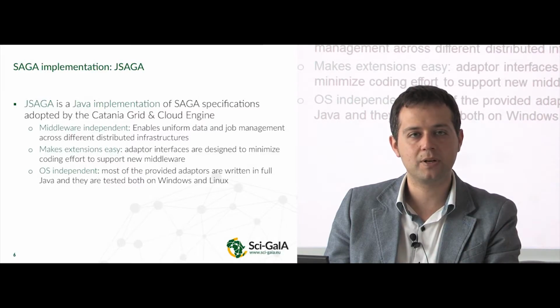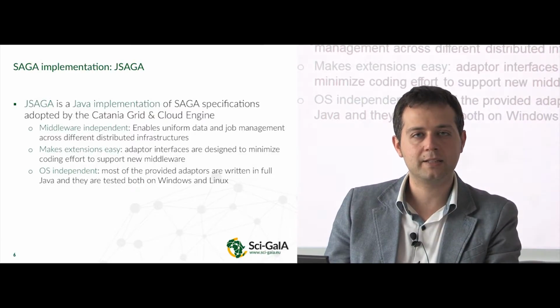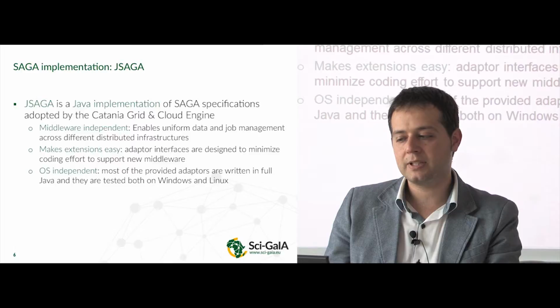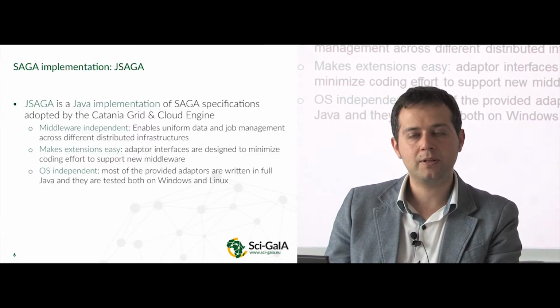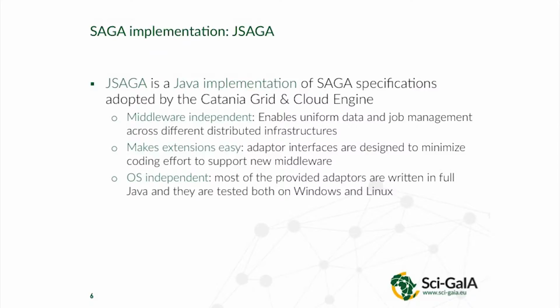We have, for example, a C++ implementation made at Louisiana State University. We also have a Python implementation. But among the different implementations available, when we developed the Grid and Cloud Engine, we decided to adopt the Java one, named JSAGA, which was developed at the Computing Center of Lyon in France.